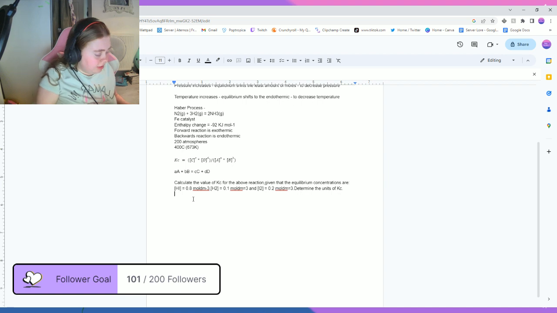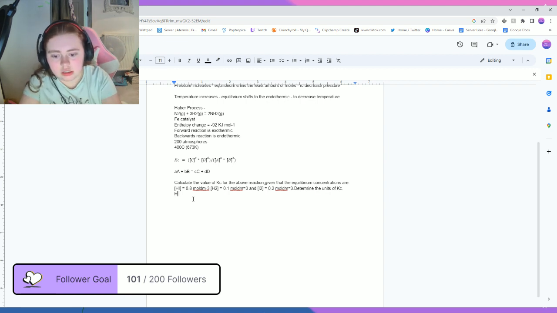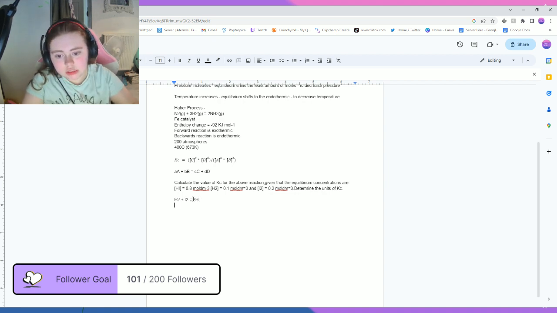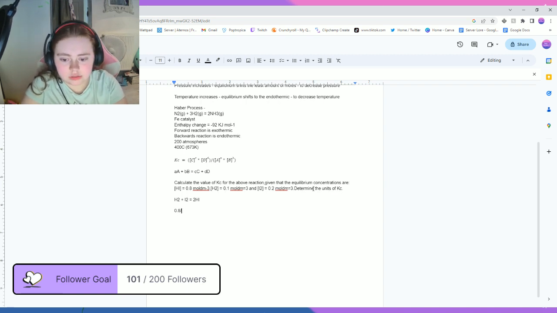Okay, I've got a few notes, I didn't write the full equation. So it's H2 plus I2 equals 2HI. So the equation would be the concentration of HI, which is 0.8, over, where's it times or plus?